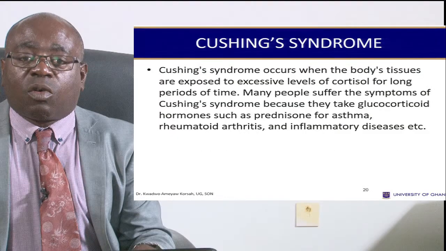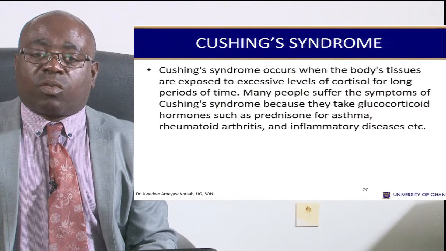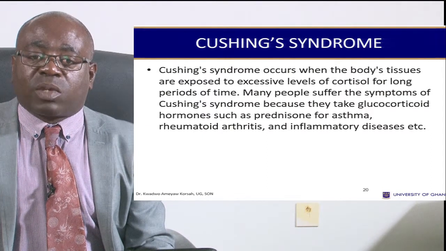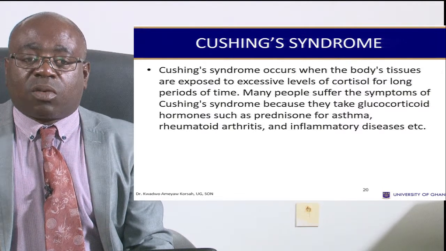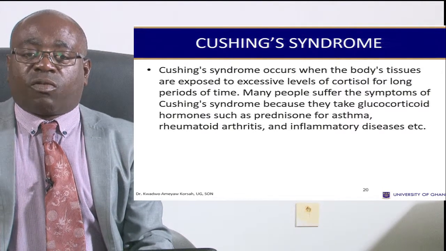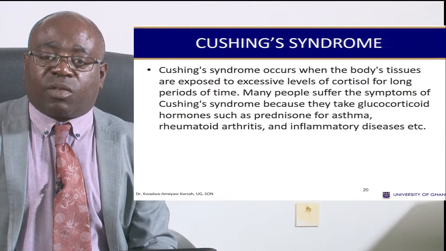Cushing's syndrome occurs when the body's tissues are exposed to excessive levels of cortisol, which I've already explained. Many people suffer the symptoms of Cushing's syndrome because they take glucocorticoid hormones such as prednisolone for asthma, rheumatoid arthritis, and other inflammatory diseases.